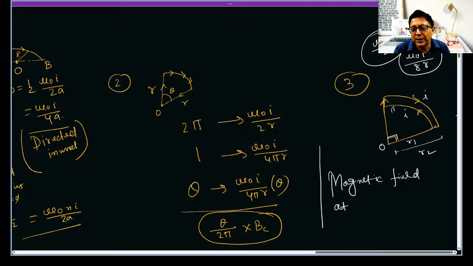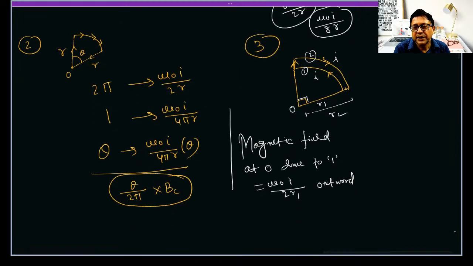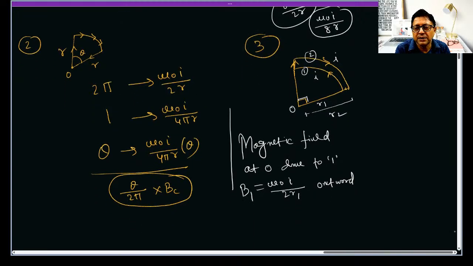Take this wire 1, this is 2. Due to wire 1, B1 is mu0 I by 2 R1, this is outward.